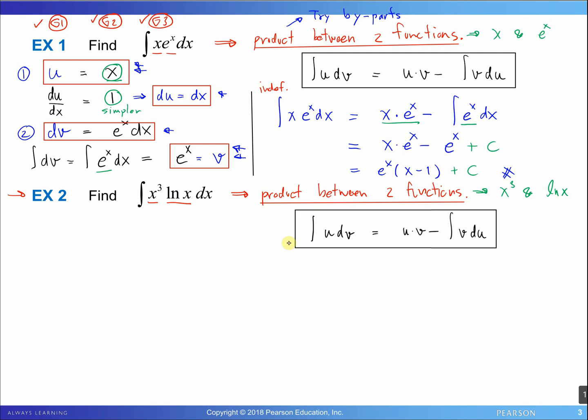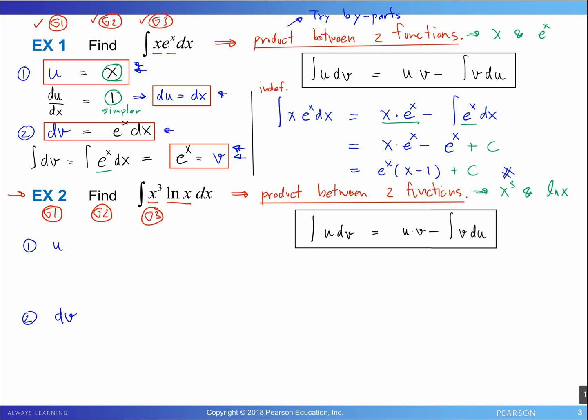And now we need to determine which function to assign to u and which to dv. We also need to check 3 guidelines. G1, u can be differentiated. G2, dv can be integrated. And G3, du is simpler than u.